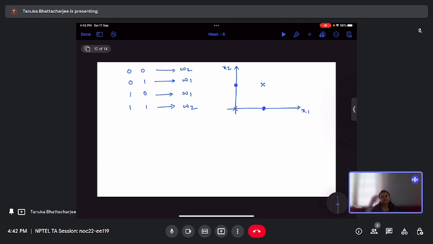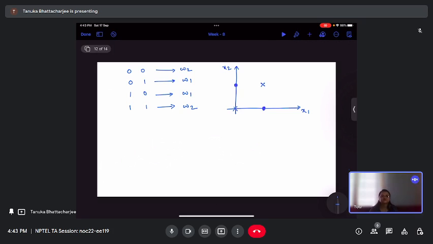So, you see that the diagonally opposite feature vectors belong to the same class. So, you cannot draw any straight line that will be able to separate these two classes. These two classes that we have are not linearly separable, right.